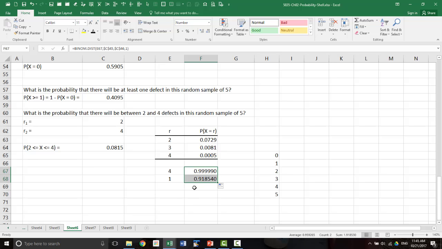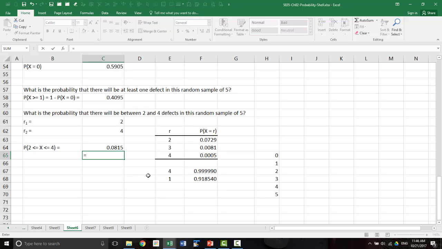Now we can subtract one from the other. That minus that will give you the probability that we are looking for.